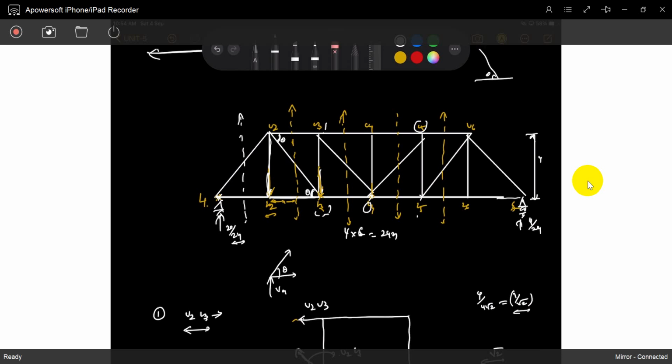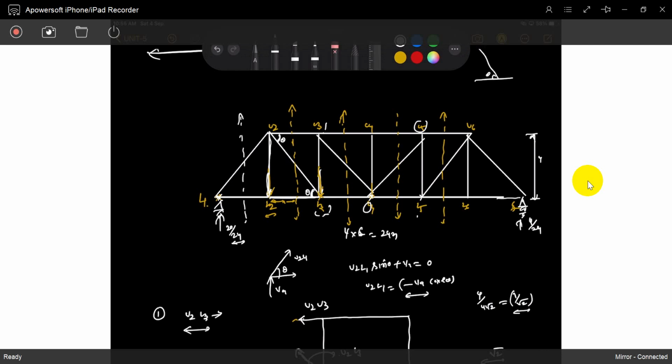What is this value? This value is U2L1. U2L1 sin theta plus VA is 0, so U2L1 is minus of VA cosec theta.